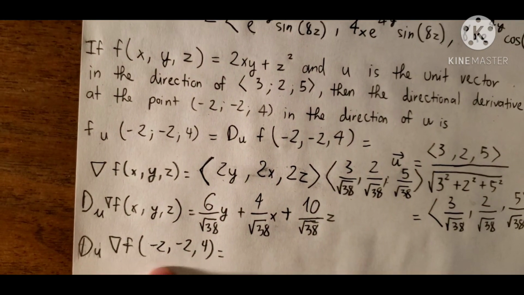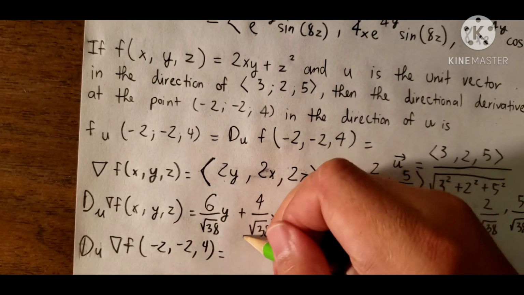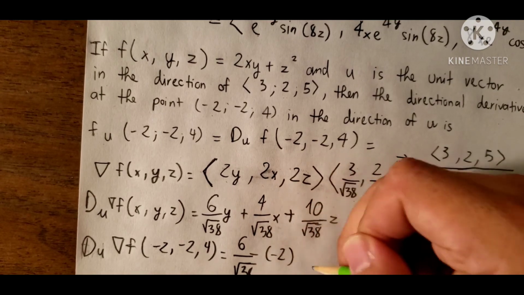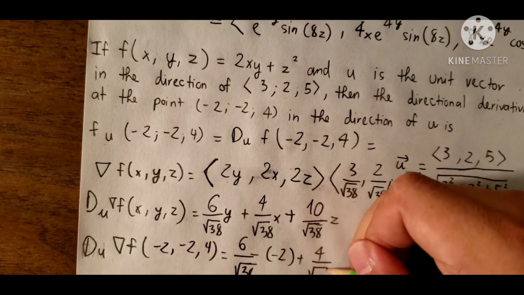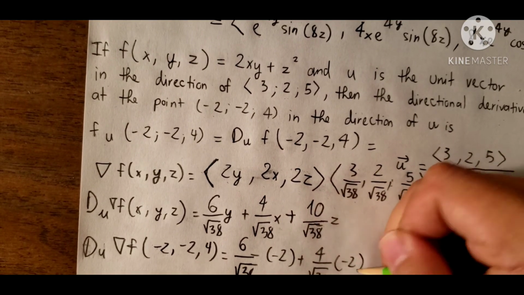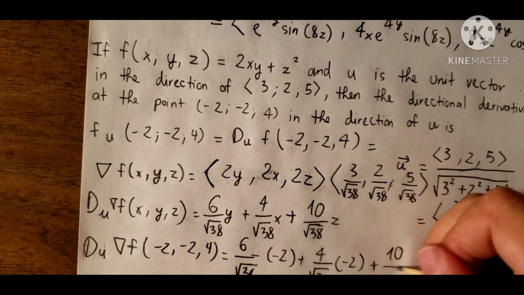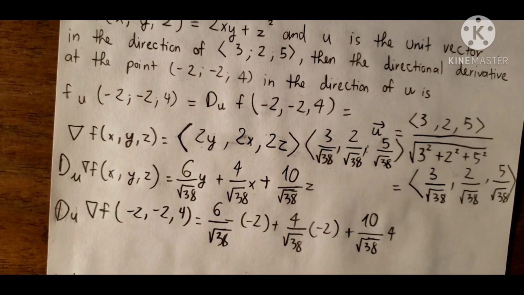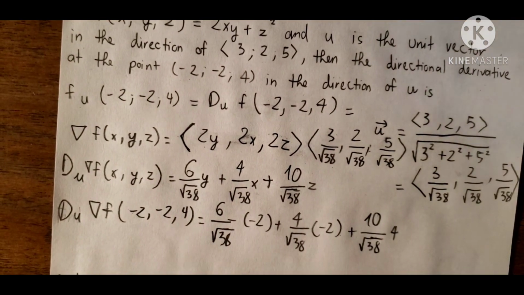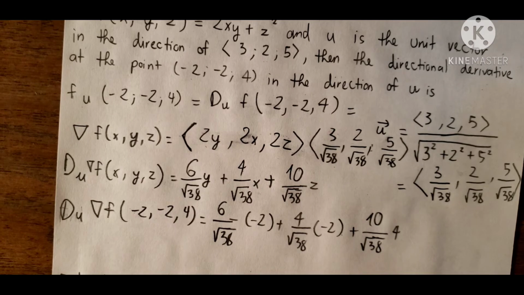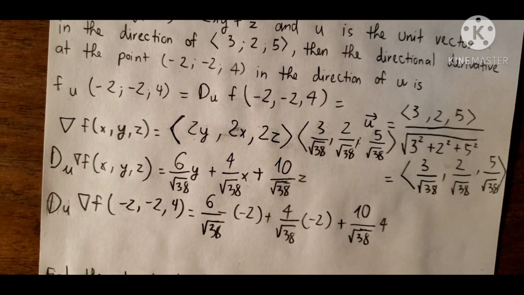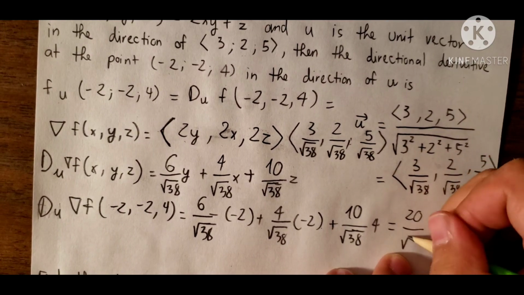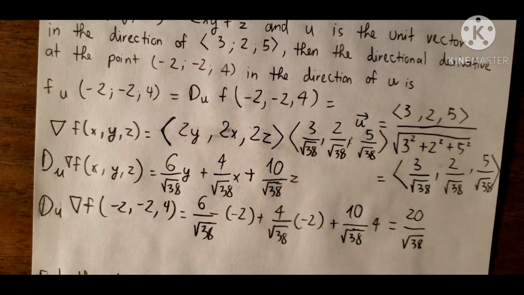Now we just input the numbers and calculate everything, and you get 20 over square root 38. So this is the answer.